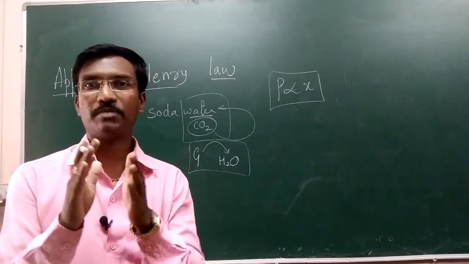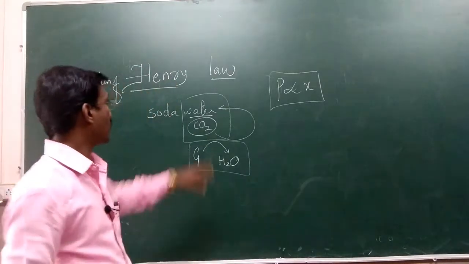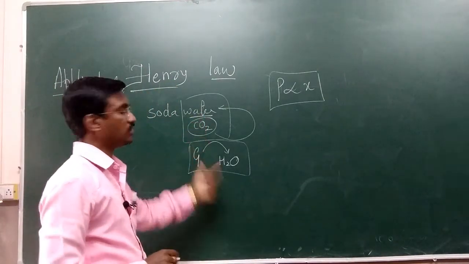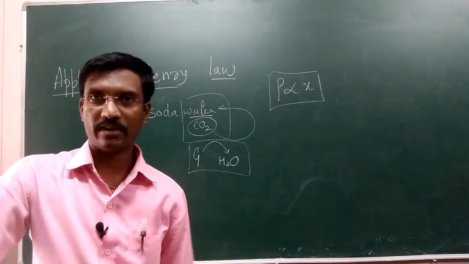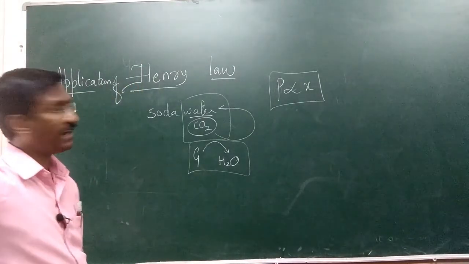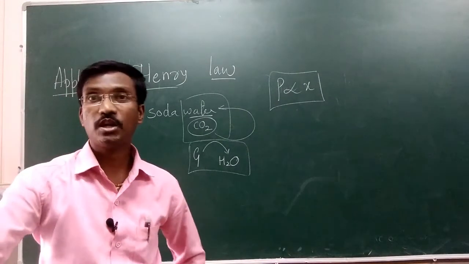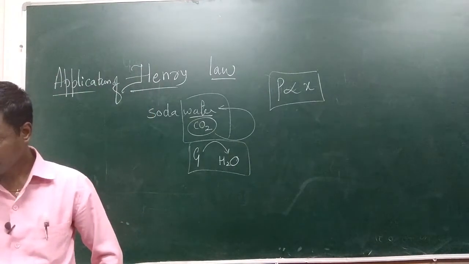By applying high pressure in a sealed bottle, they mix the carbon dioxide in water so that they get soda water. Are you getting this one? So in the preparation of soda water, this takes a major role. This is the first application. The second one is scuba divers.